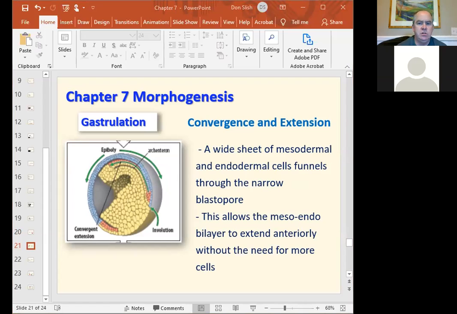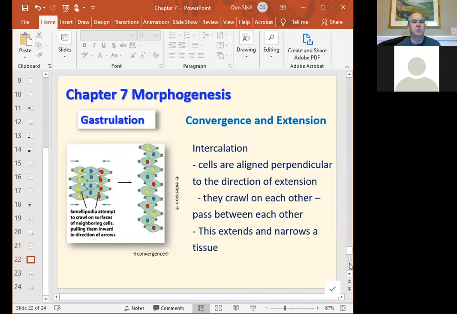There are two different mechanisms of convergence and extension. One is where you've got a flat sheet of cells. Looking at Figure 22, their long axis is perpendicular to the axis they're going to extend on.